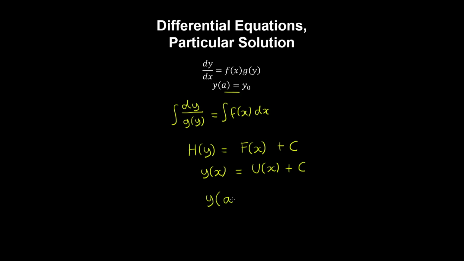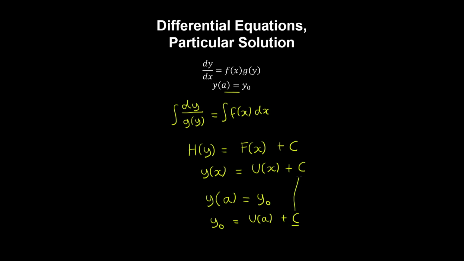So y at x equals a is equal to y naught. And therefore what we get on the left hand side is y of a, which is equal to y naught, and that's equal to u of a plus c. And therefore that allows us to obtain a specific value for the constant of integration.